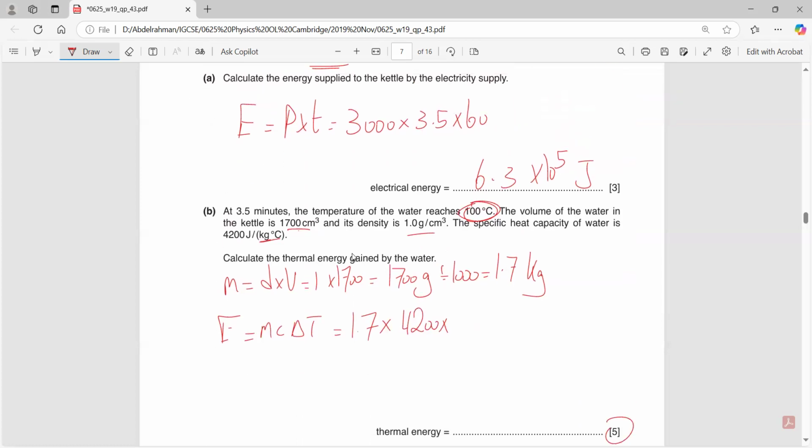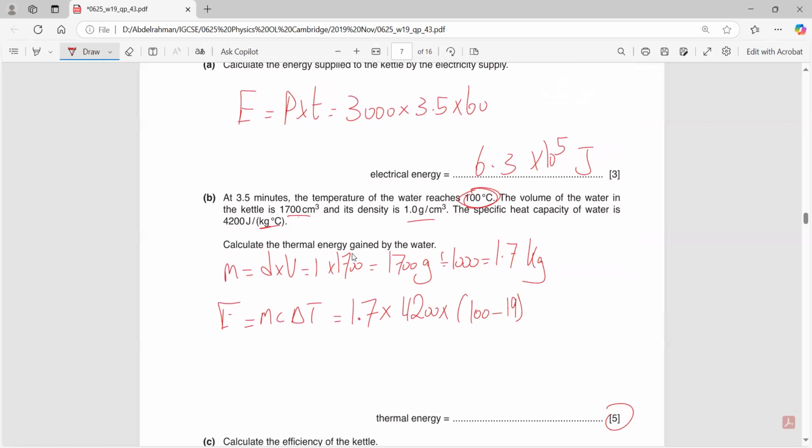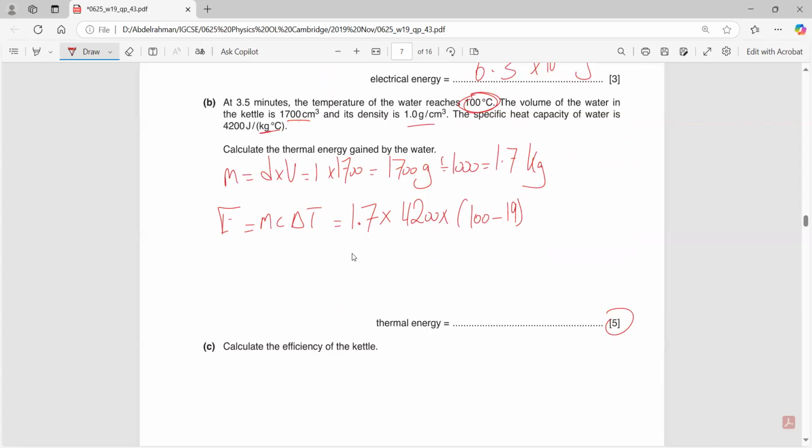So the change in temperature would be 81 degrees, or 100 minus 19. Let's calculate it. 1.7, this is not 17. 1.7 times 4,200 times 81 would give you 578,000 joules, or 5.78 times 10 to the power of 5 joules.